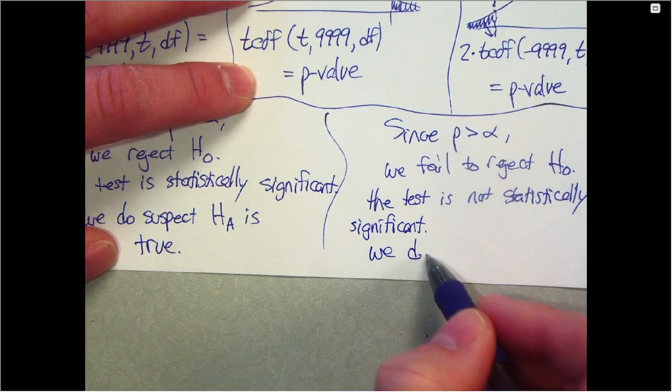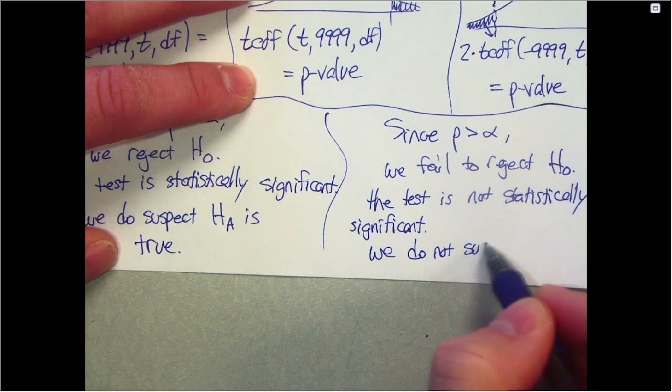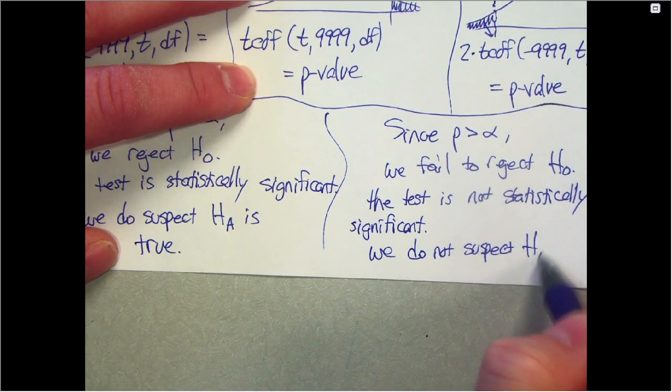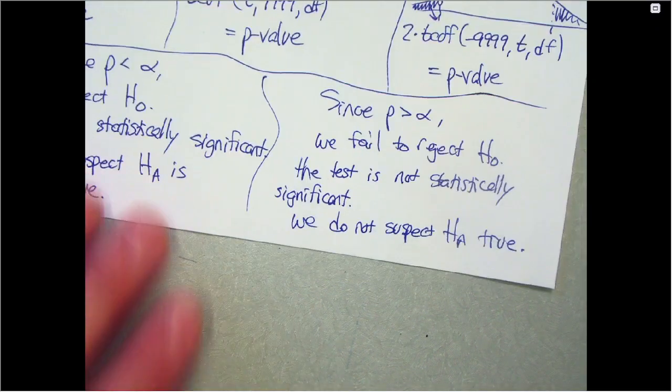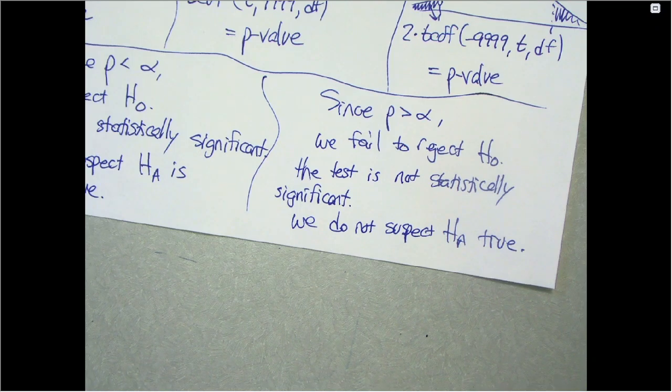You do not suspect HA is true. Could HA be true? It's possible. There's a small probability of that. That gets into the type 1, type 2 errors thing from last week, which we'll practice more too.